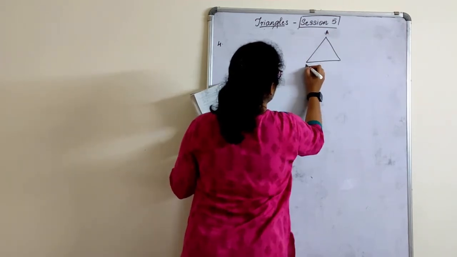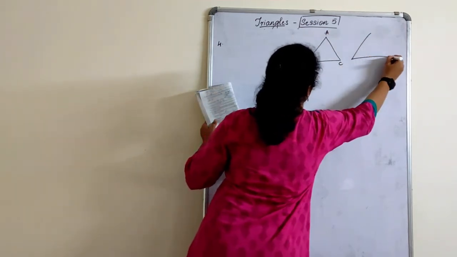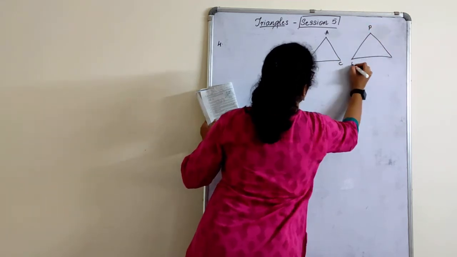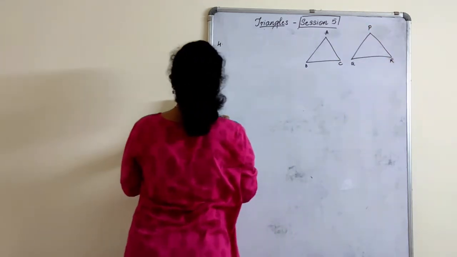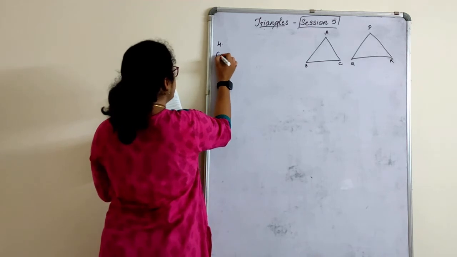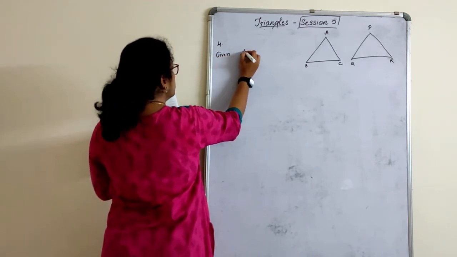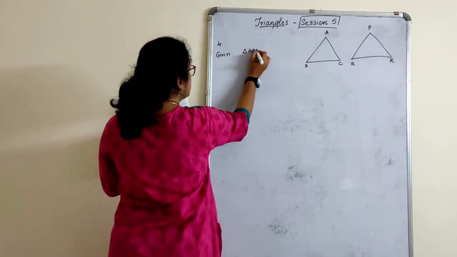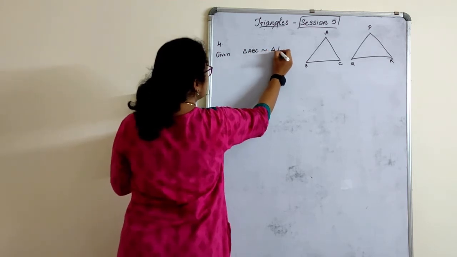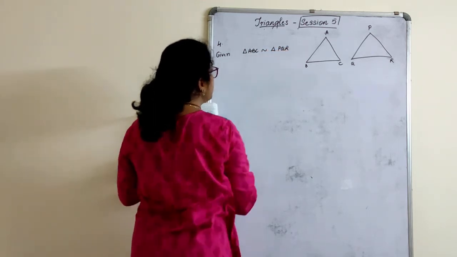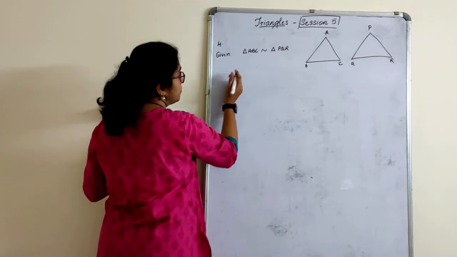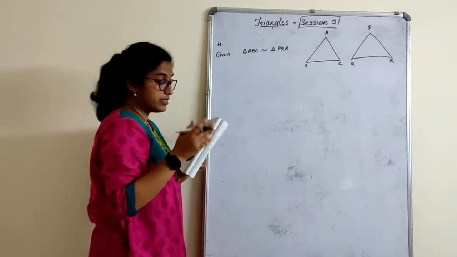This is ABC, one triangle. This is PQR, another triangle. Given: triangle ABC is similar to triangle PQR. This is one thing which is given. So the sides are proportional and all the angles are equal.